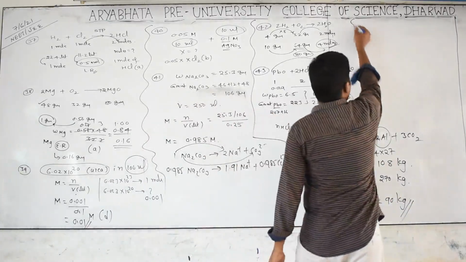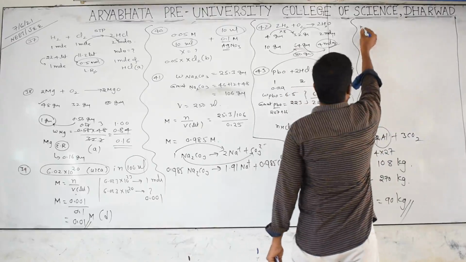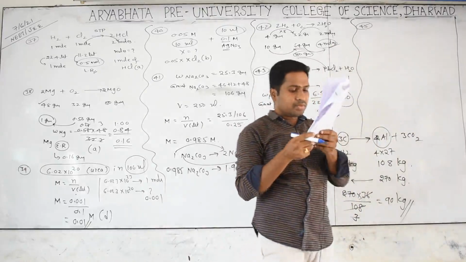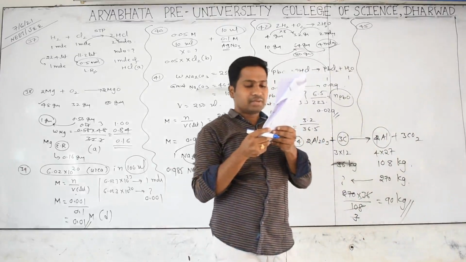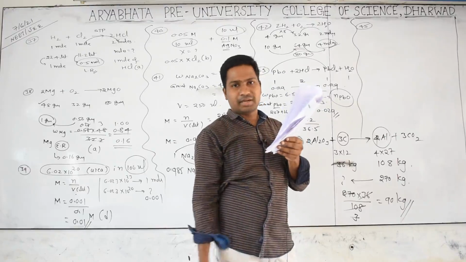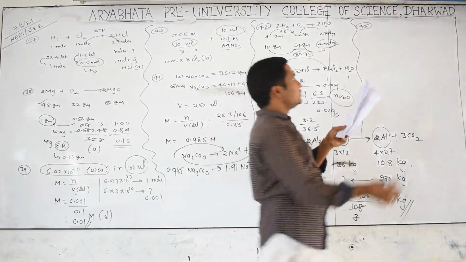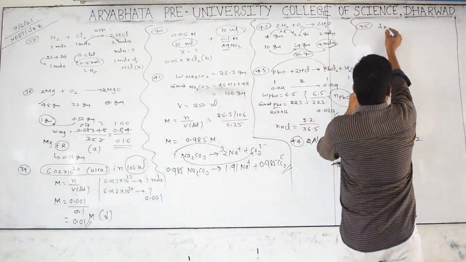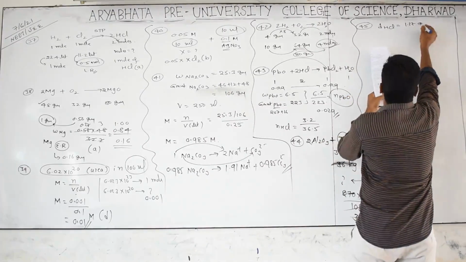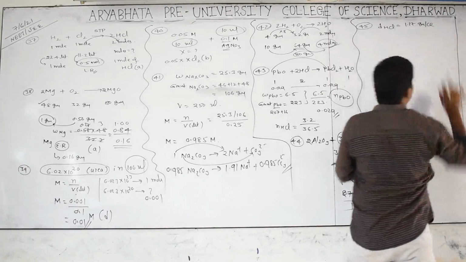So the next one to discuss is 45. Just read once: molarity of liquid HCl, if the density is given, you know very well, it is asking molarity. What is the formula? You can take the density of HCl as 1.17 gram per cc.